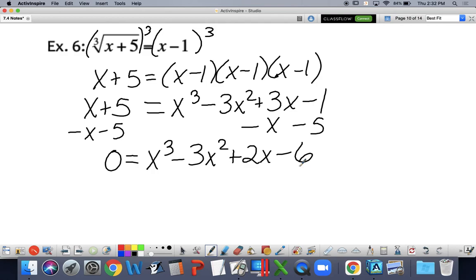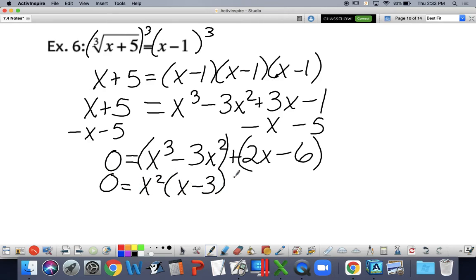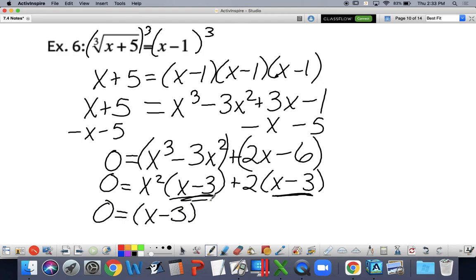Now I can go ahead and group my front and my back, take out my GCF in both locations, make sure that when I do that, I wind up with the exact same factor, right? The x minus 3 factor is the same. So I get x minus 3 times x squared plus 2.